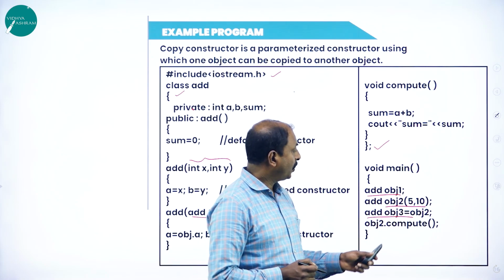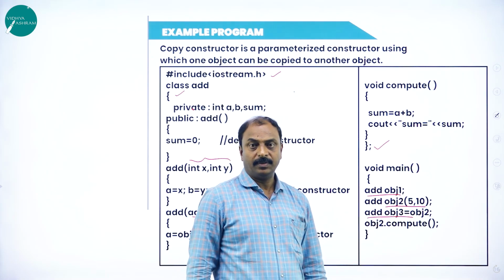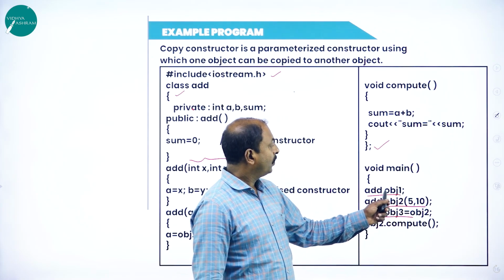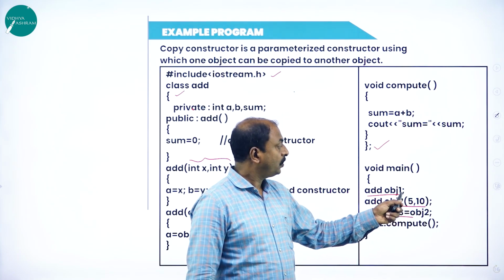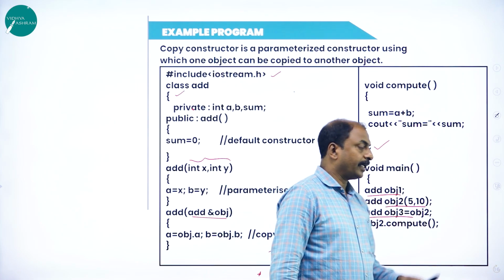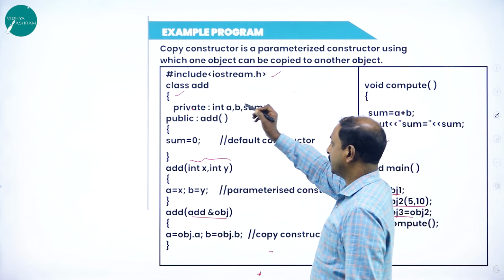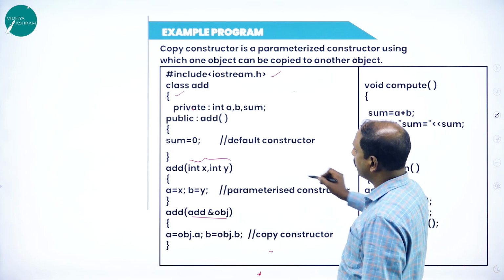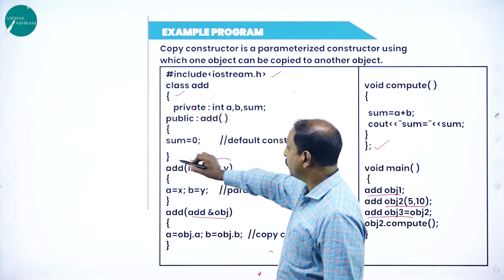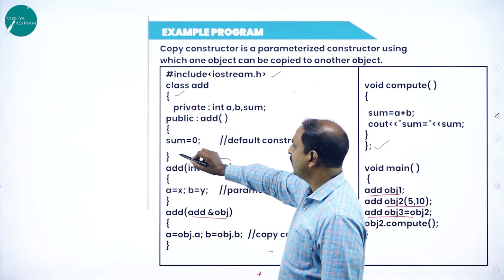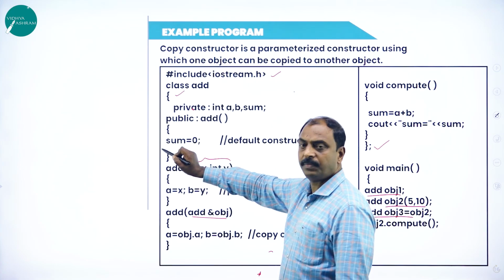Now if you look at the first line, Add obj1, here there are no parameters, so automatically the compiler goes to the default constructor, where we have assigned 0 to the variable sum.